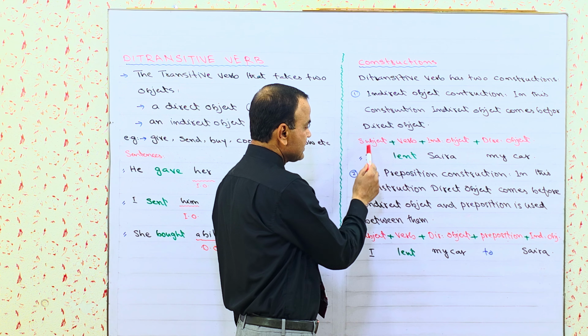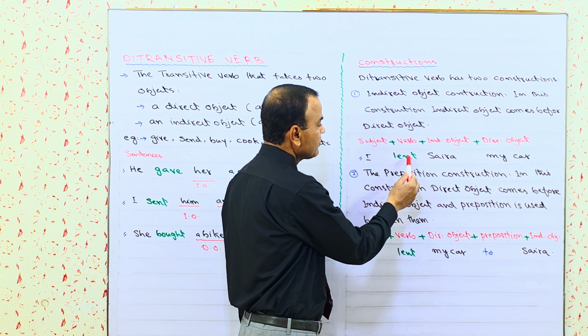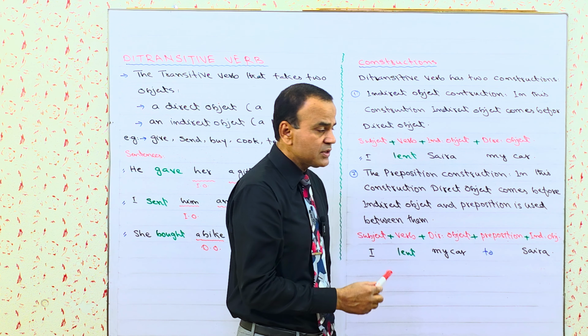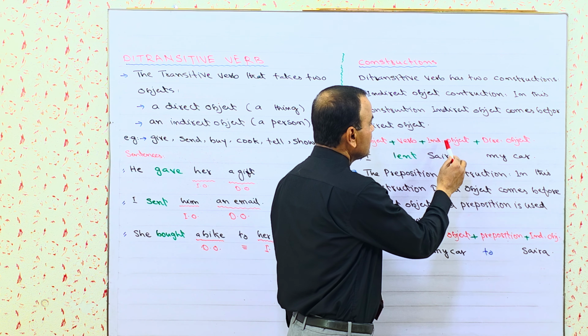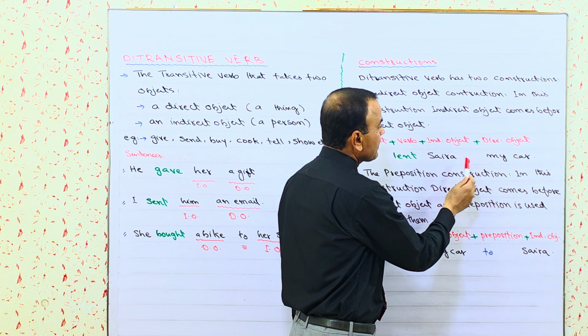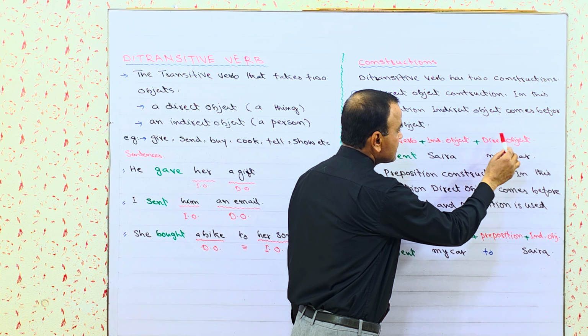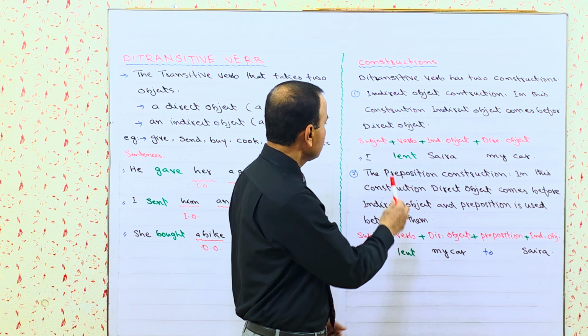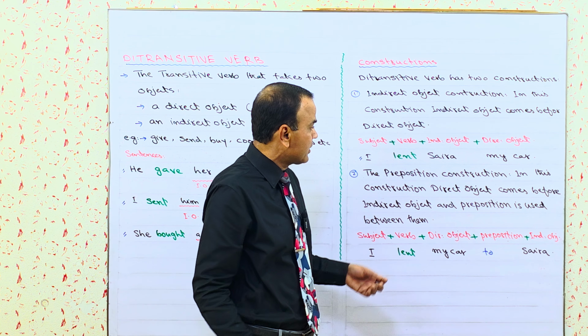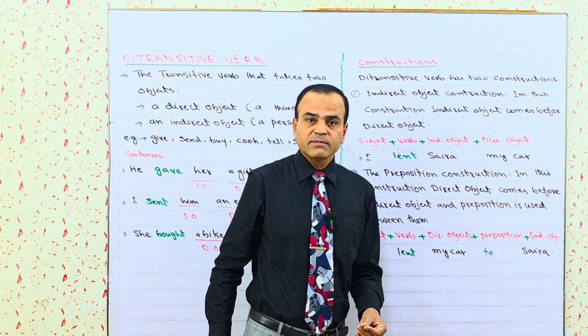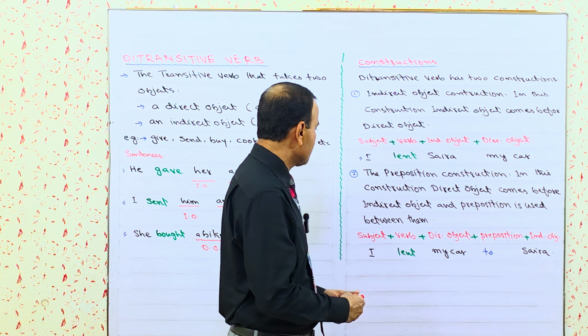Like, I is the subject, lent is the ditransitive verb, Sarah is the indirect object, and my car is the direct object. So this is the first construction, and that is more common in everyday language.